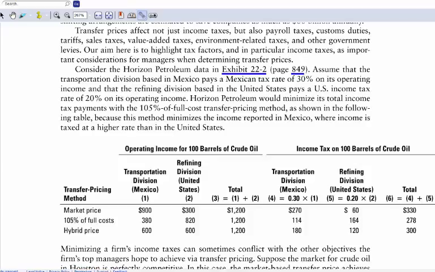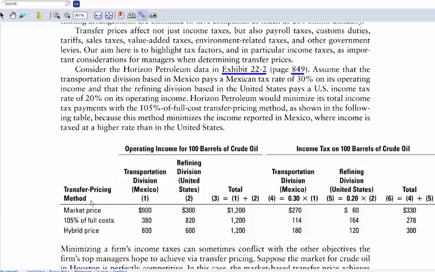And we're going to calculate which transfer pricing method Horizon would choose in order to have the least amount in taxes due.